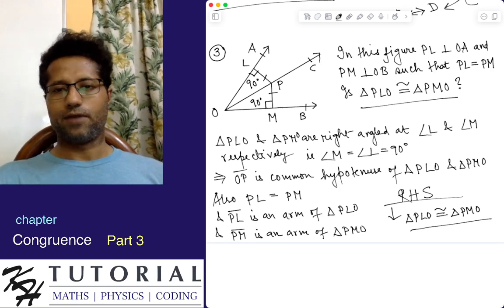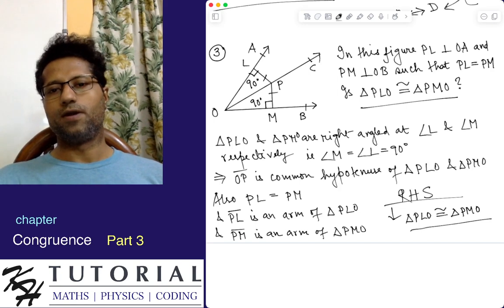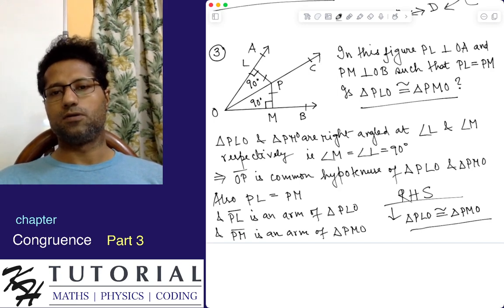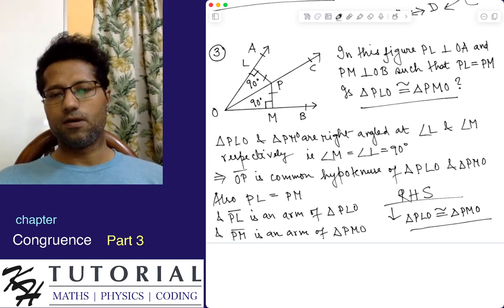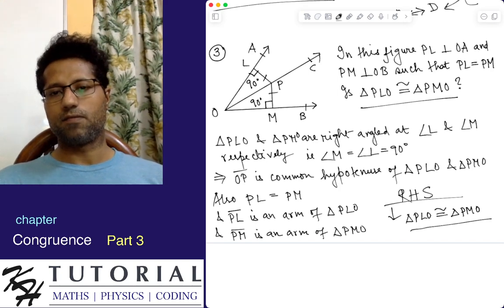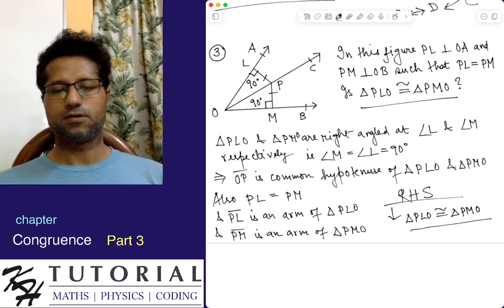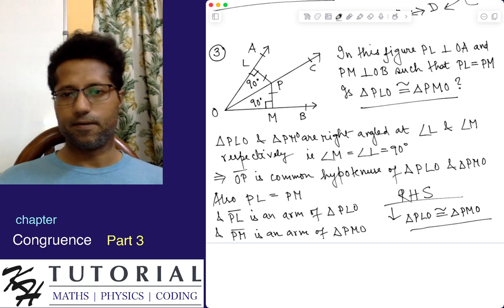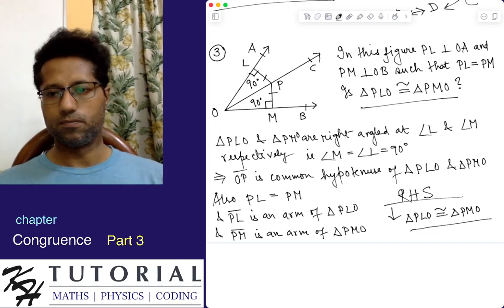So these two triangles are right angled, and they have a common hypotenuse and one pair of equal corresponding arms. PL is equal to PM, PL is an arm of triangle PLO and PM is an arm of triangle PMO, and hence the RHS congruence criterion is applied, and triangle PLO is congruent to triangle PMO.